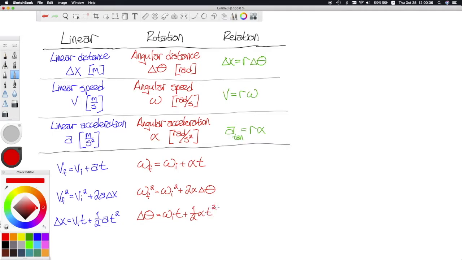So we can use our rotational kinematic equations in a similar way that we used our linear kinematic equations. And I want to go over this idea in an example problem or two to really drive this point home. It will feel like we've just learned a whole new set of equations, but it's really the same ideas, the same process that we used before, just with rotational variables instead of linear variables.